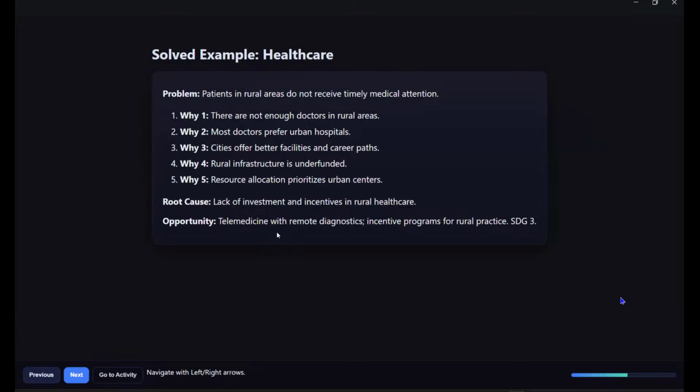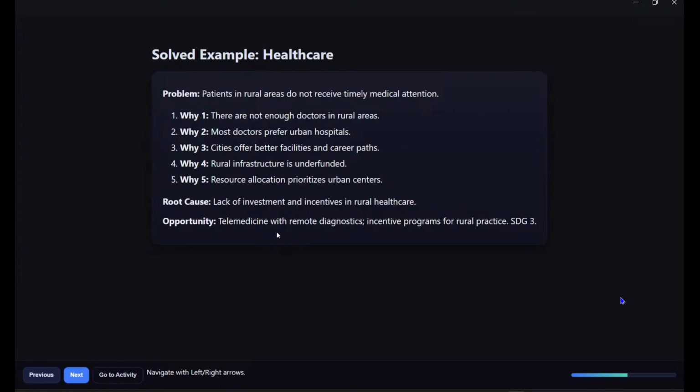First, the problem we can solve as an example is that patients in rural areas do not receive timely medical attention. So what is the exact problem here?